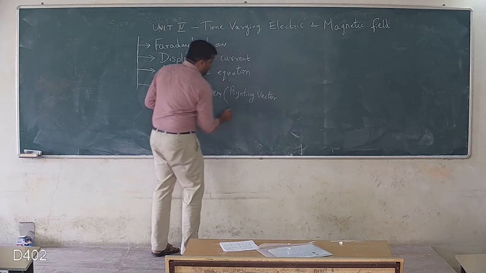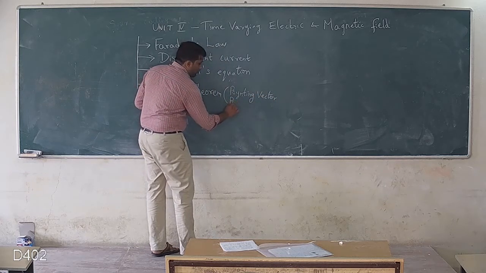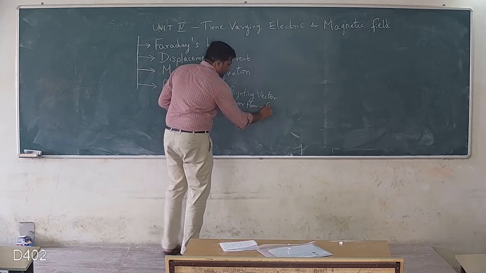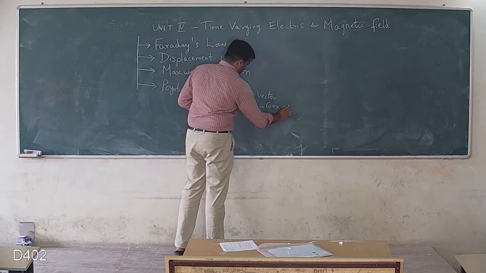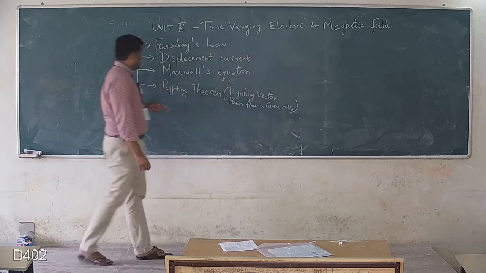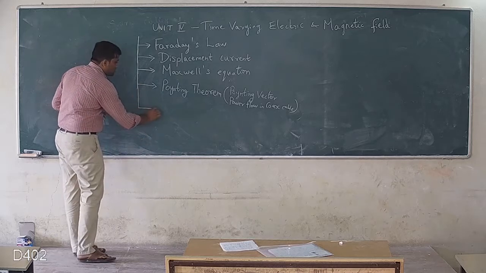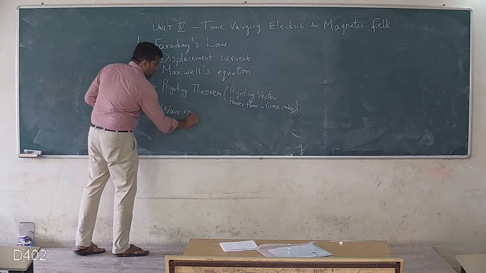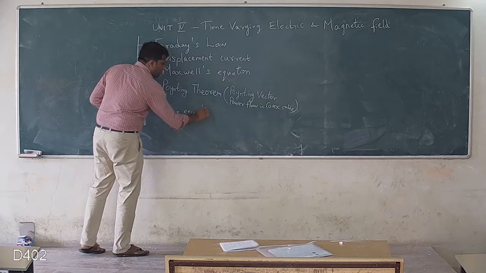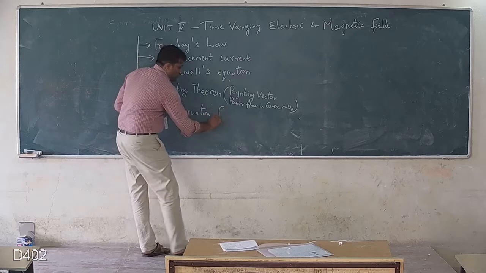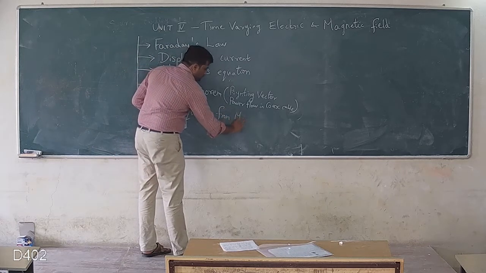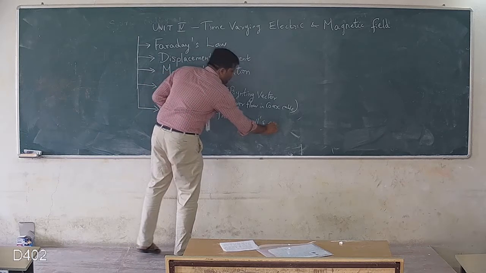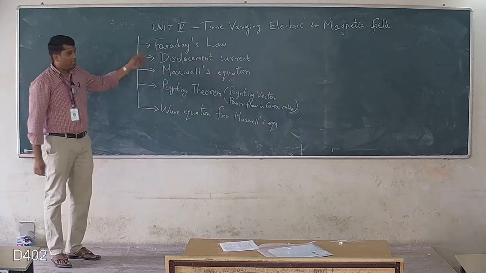In addition, we will understand the power flow in coaxial cable. And at the last we will study the wave equation, how the wave equation comes from Maxwell's equations. So these are the topics in unit number 4.